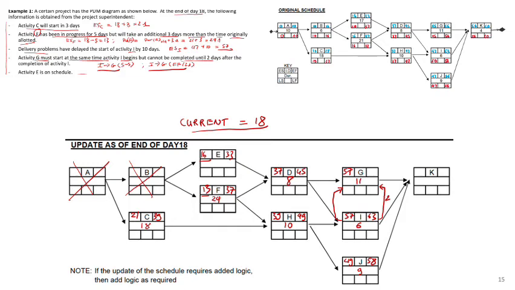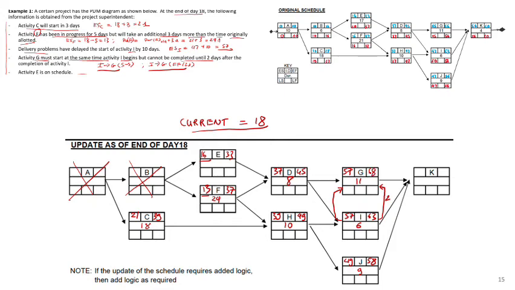So if you add start by duration, you got 68. But the finish of G is also constrained by the finish of I. So if you go from finish I to finish G, you got 65. So between 68 and 65, you have to take the larger one. So this has to be 68.